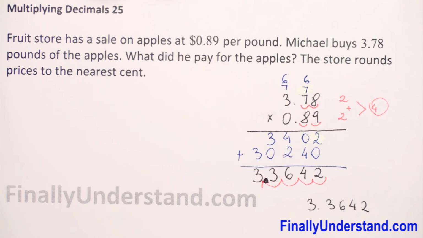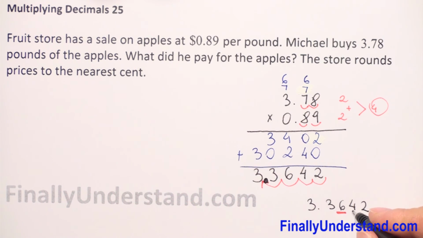But we need to round our solution to the nearest cent. So we need to round to the hundredths. Hundredths is the second digit after the decimal point. Next we check the digit after our underlined digits. Because 4 is less than 5, we don't have to do anything.